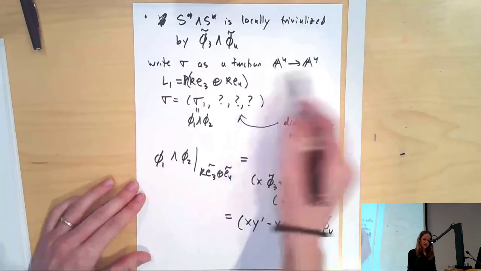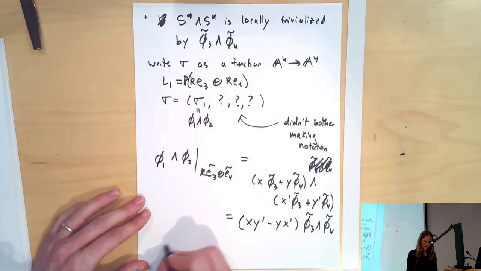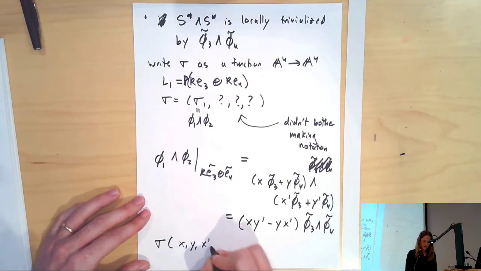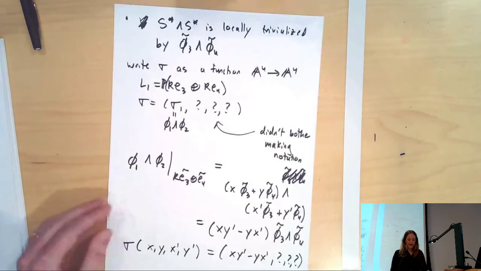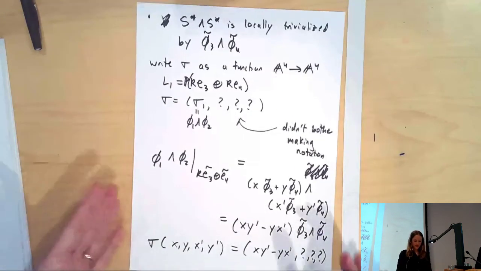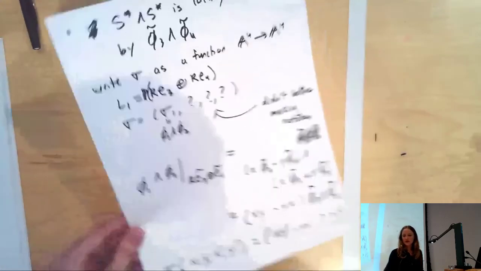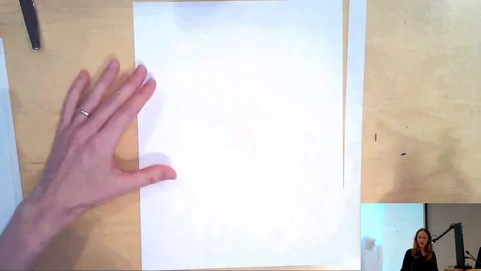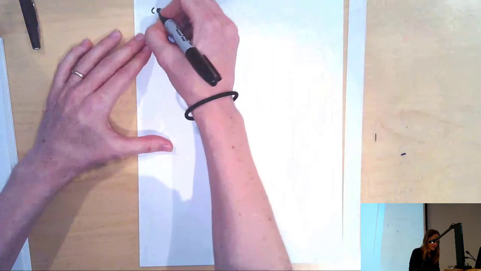So as a function from A4 to A1, sigma of x, y, x prime, y prime is equal to x y prime minus y x prime, and then some things we didn't do notation for. So then we have an explicit understanding of what this function is, so we can run the computation of the local degree. So, take Jacobian, compute local degree.